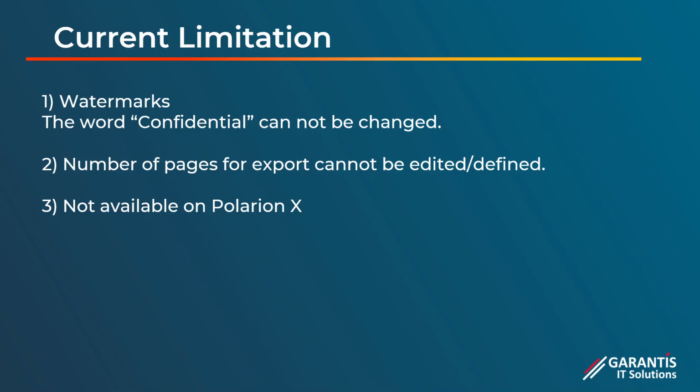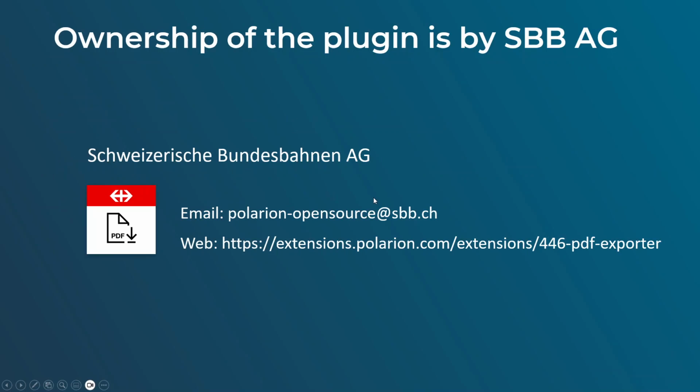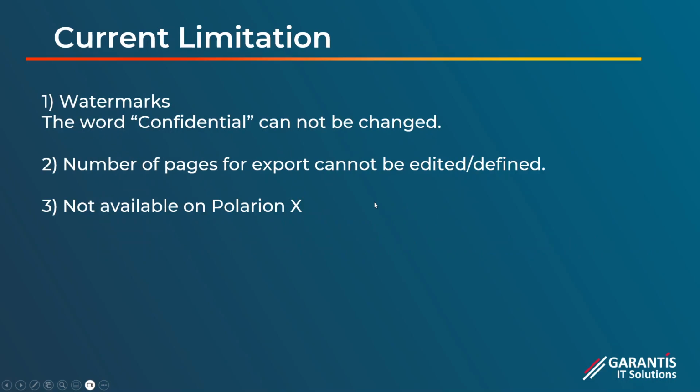This plugin is not available on Polarion X because you need to install Python, a jar file, and also some libraries. So theoretically it can be used on Polarion X, but Polarion X does not allow installation of jar files. Well, you need to upgrade to Polarion X Enterprise, and then probably you can use the PDF exporter.